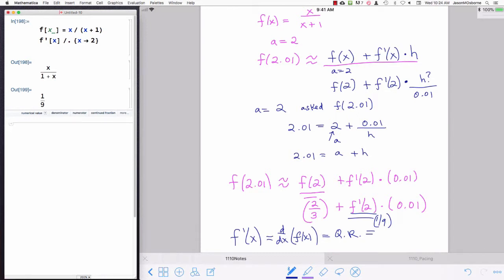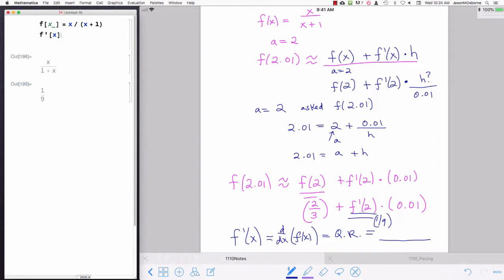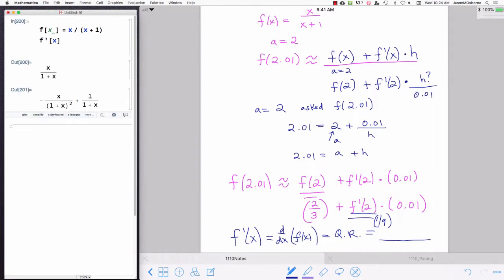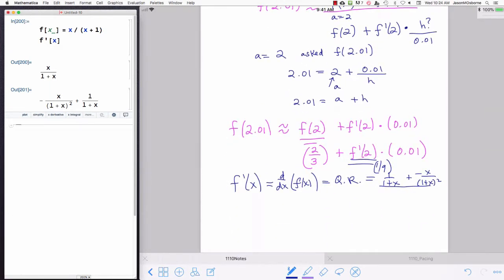I will put that back on the screen so you can see it. It came out to be 1 over 1 plus x plus negative x over 1 plus x squared. That's what you get from the quotient rule. And therefore the function evaluated at 2.01 is equal to 2/3 plus 1/9 multiplying by 0.01, which is 1 over 100.